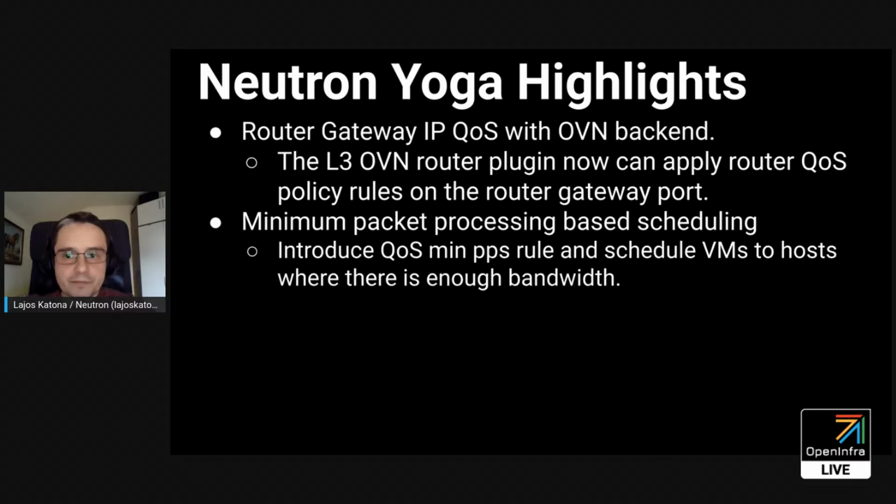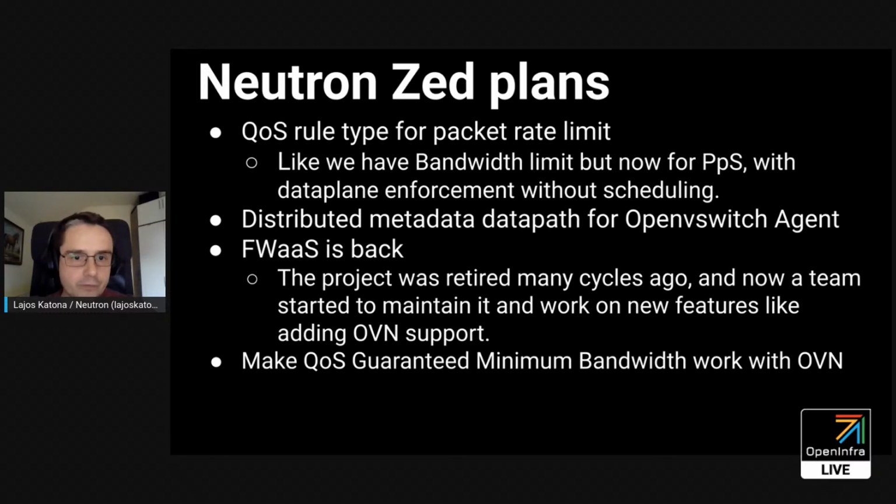That's it for the coolest stuff for Yoga, what we have done for Yoga. I would like to mention a few things we plan or see on the horizon for the Z cycle. There are a few things which we couldn't finish during the previous cycle.